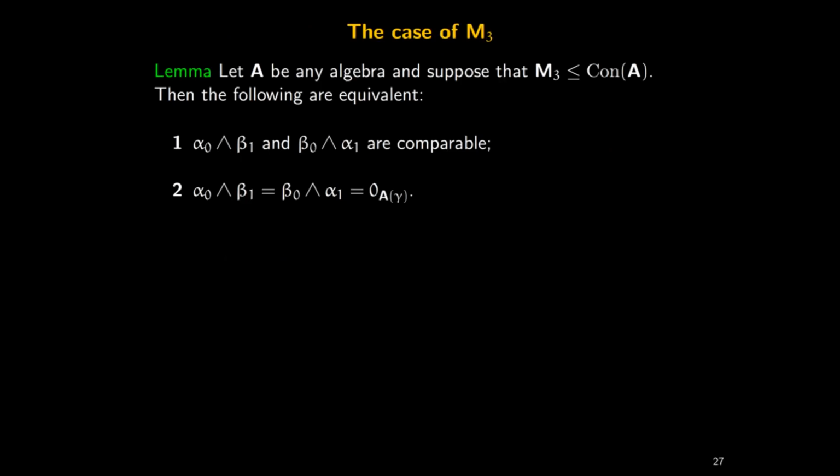So that was our first real application of the technique. And then we also experimented with some more applications to see what happens in the most famous examples of the most classically studied congruence varieties. And so it was natural also to consider M3.